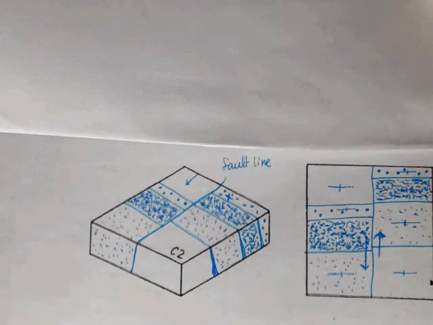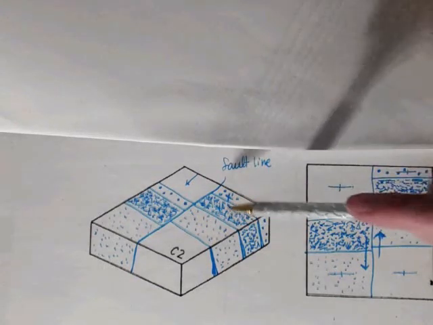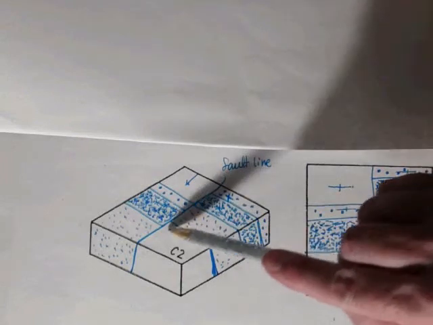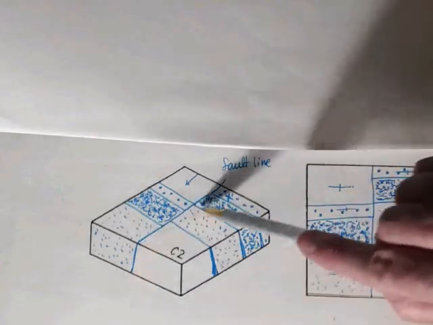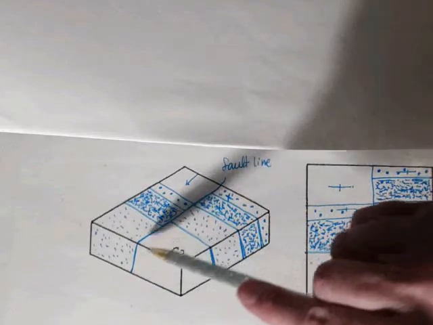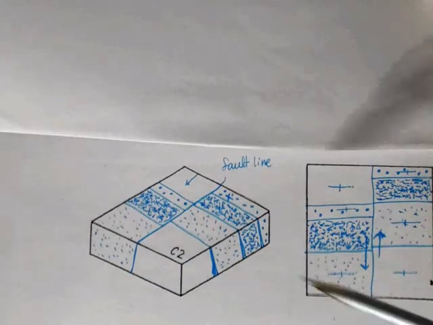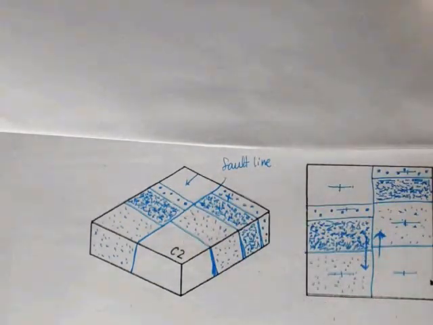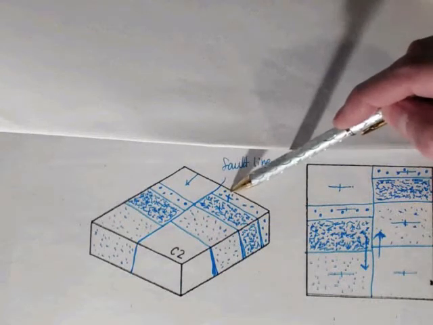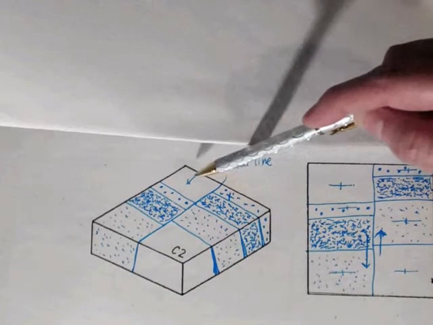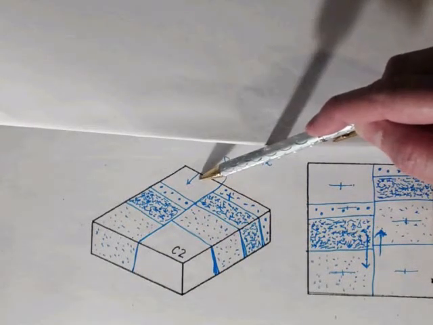But again, we're going to need to figure out, is this right lateral or left lateral. So we see that we've got that fault line running through there, and that there has been motion in a horizontal fashion. Here's my little X where we're standing and looking across the fault line.